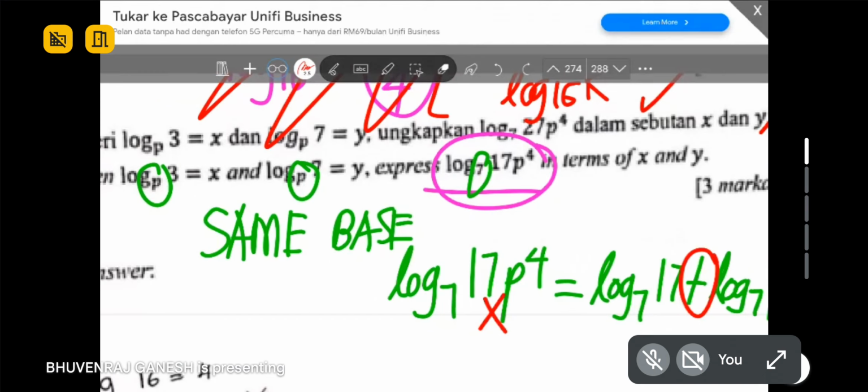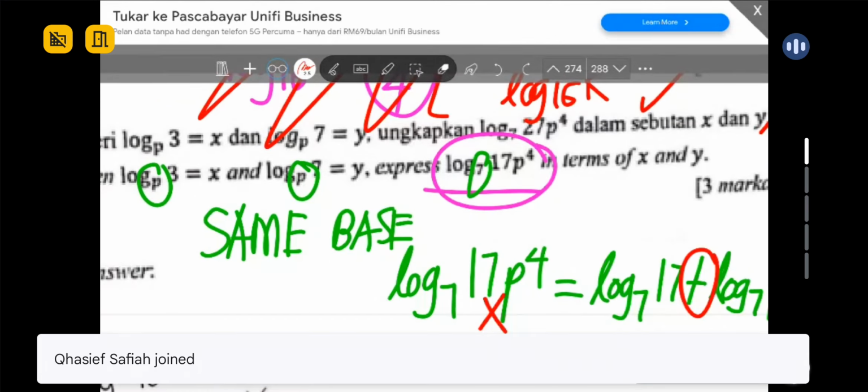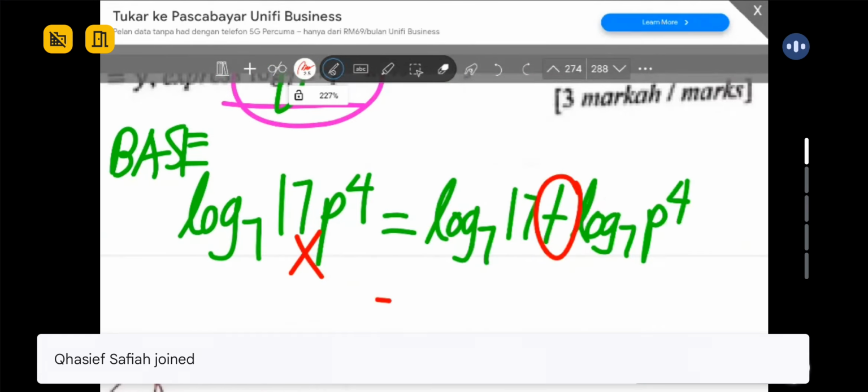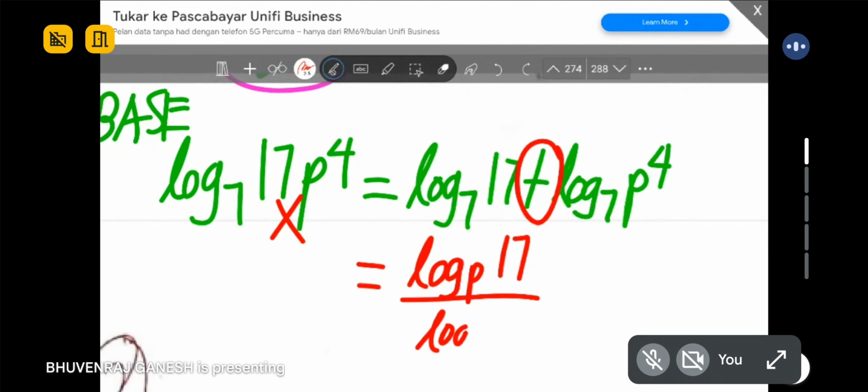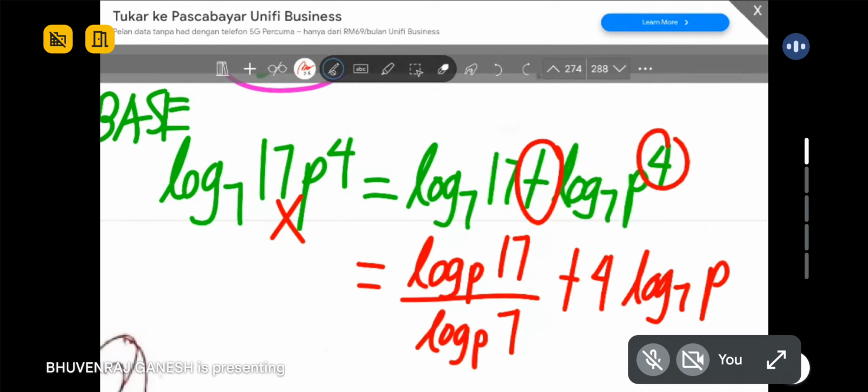Okay, for this one, you must change the base, guys. Kena tukar asas. So it's log P17 over log P7, plus 4 log 7P. Power you can bring in front. Kuasa bawa ke depan.